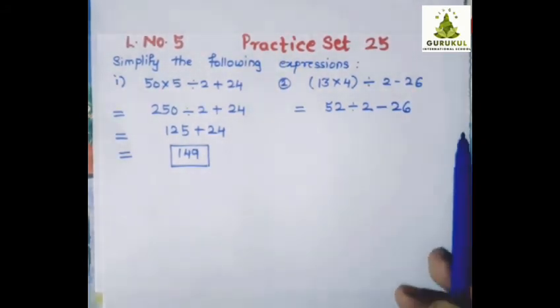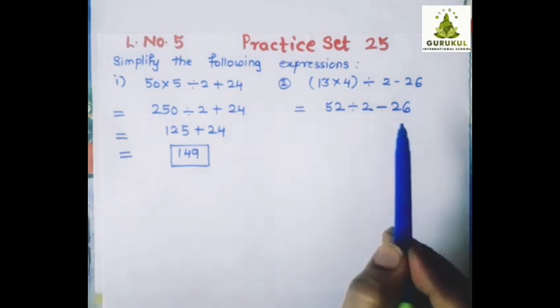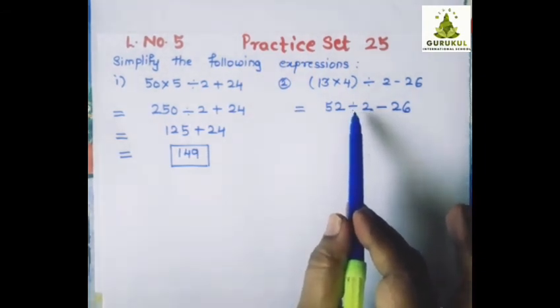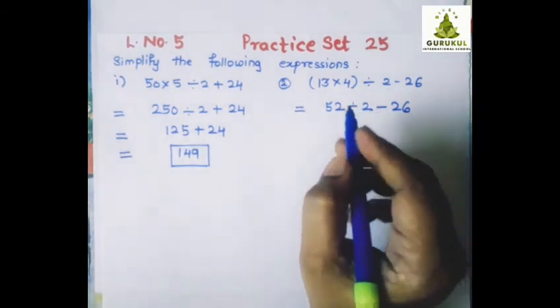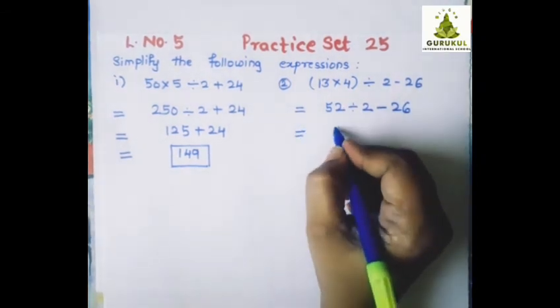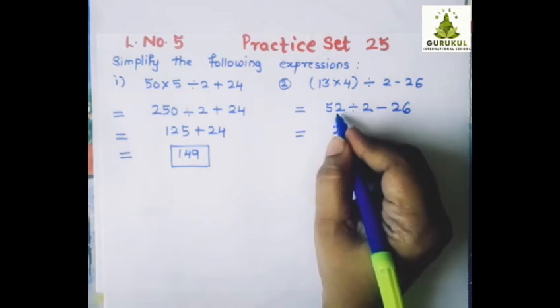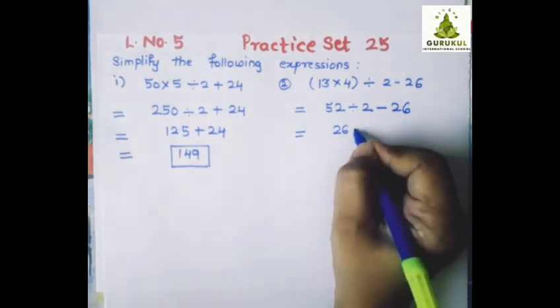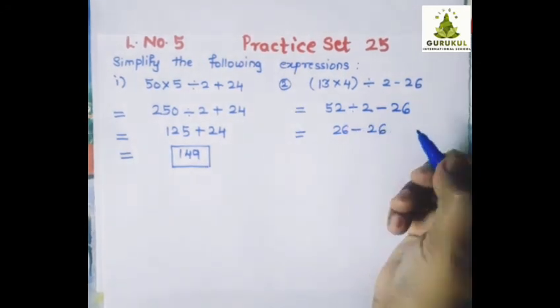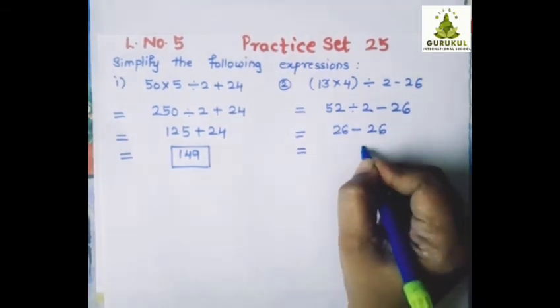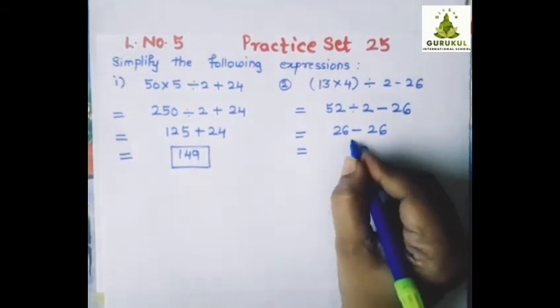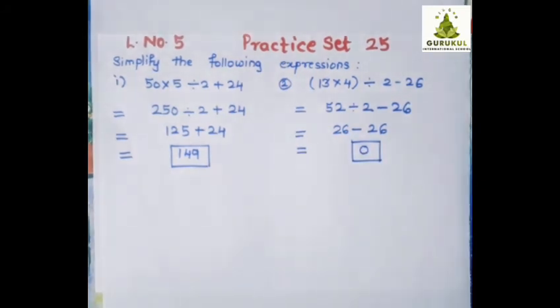Now again which do we have to do first? Multiplication or division. Here division is there, so we have to carry out division first. 52 divided by 2 will be 26, 26 2s are 52, and here minus 26. Now 26 minus 26 will be 0. So for the second sum, the answer came 0.